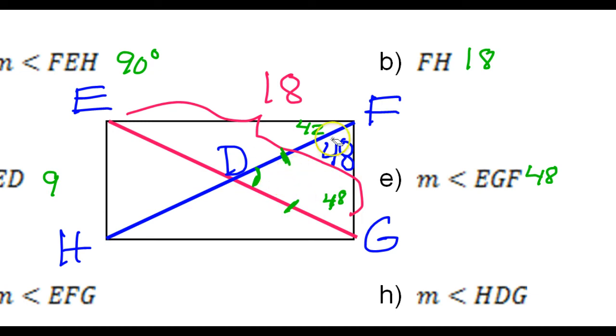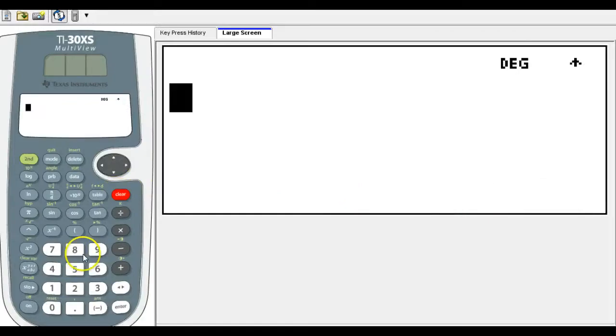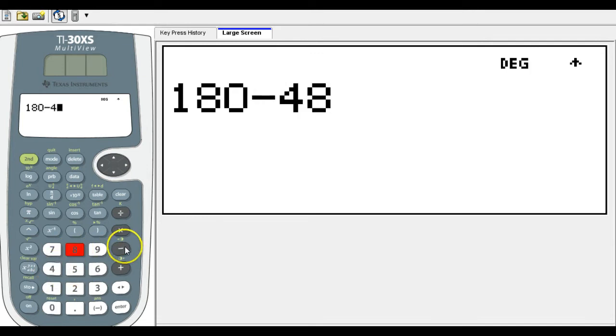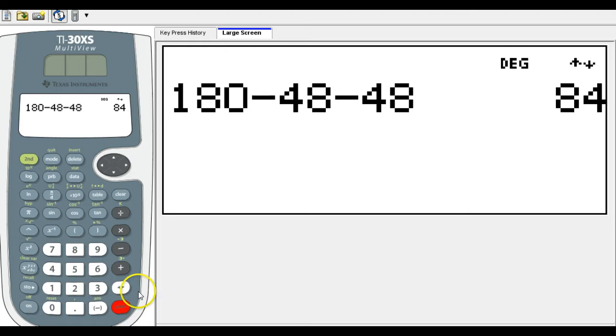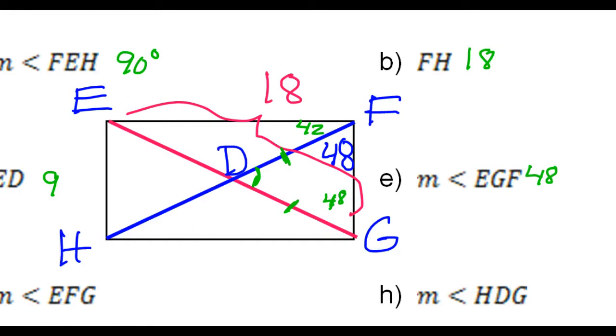All of the angles in a triangle have to add up to 180. So if you do 180 minus 48, that'll get it for you. 84. So I've got 84 happening right there.